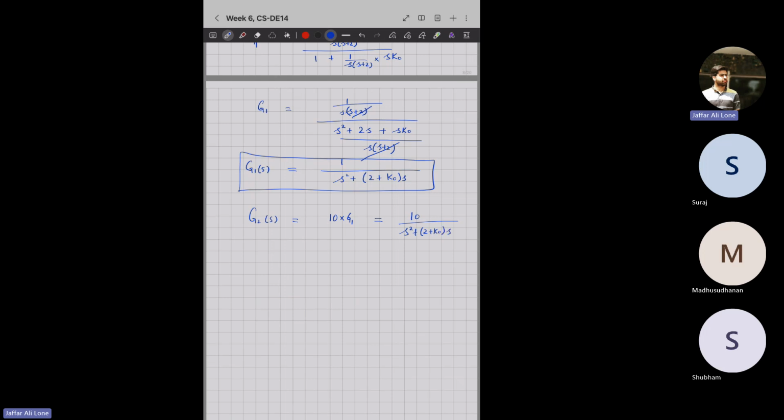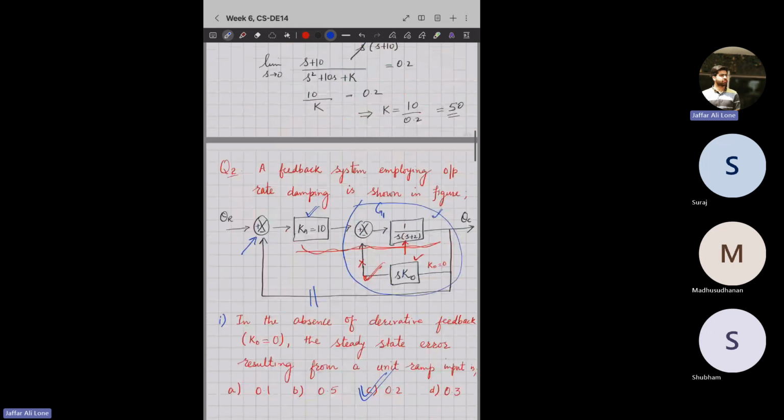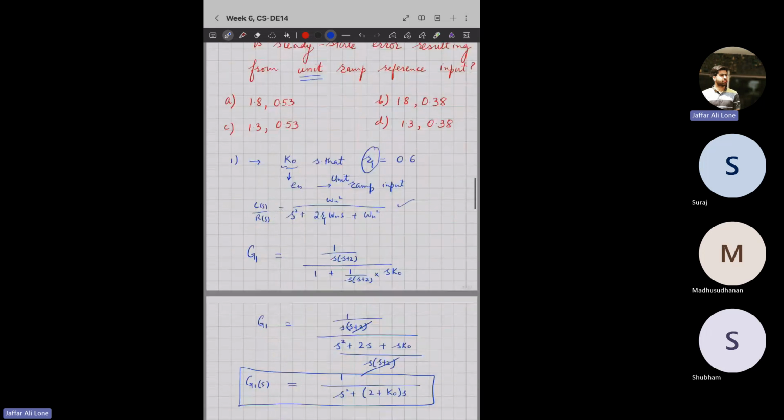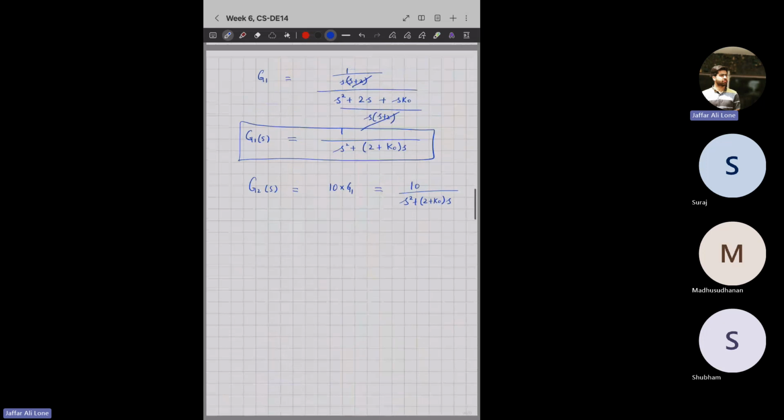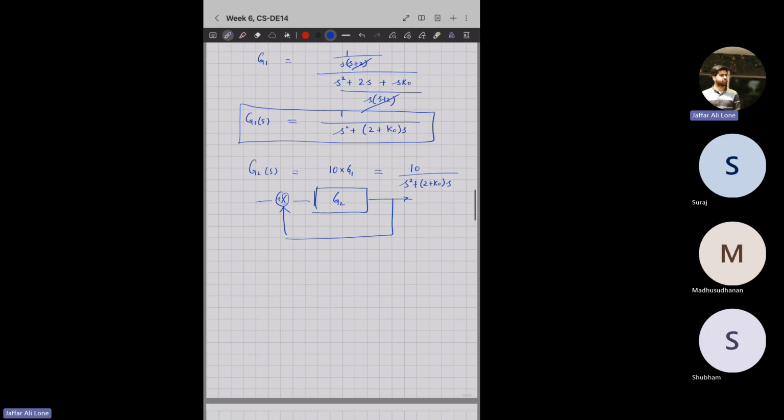Perfect. Now I will solve this loop. Now I got something like this. There is some input, I have my G2, then this is output. There is unity feedback. This can easily be solved.